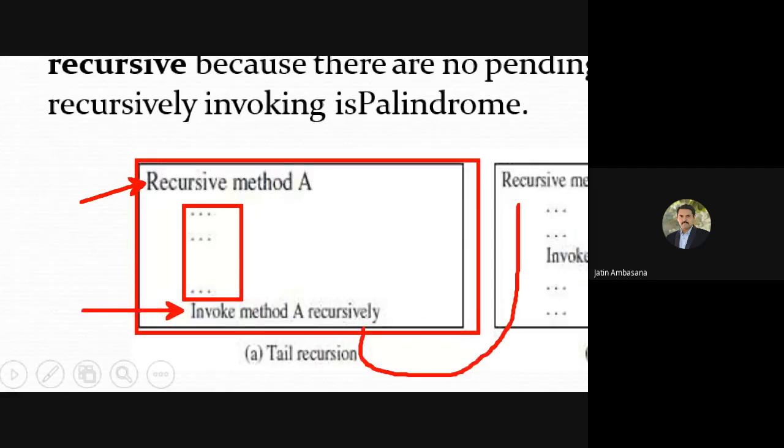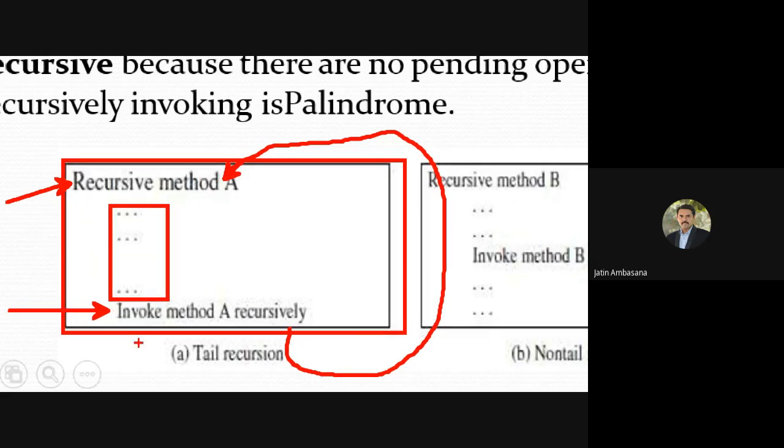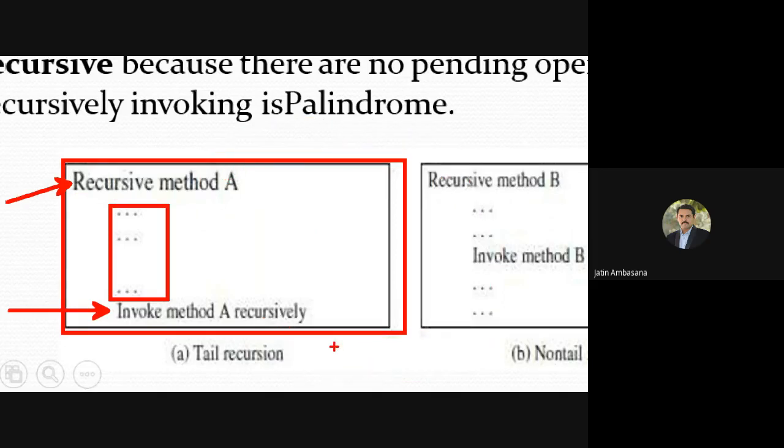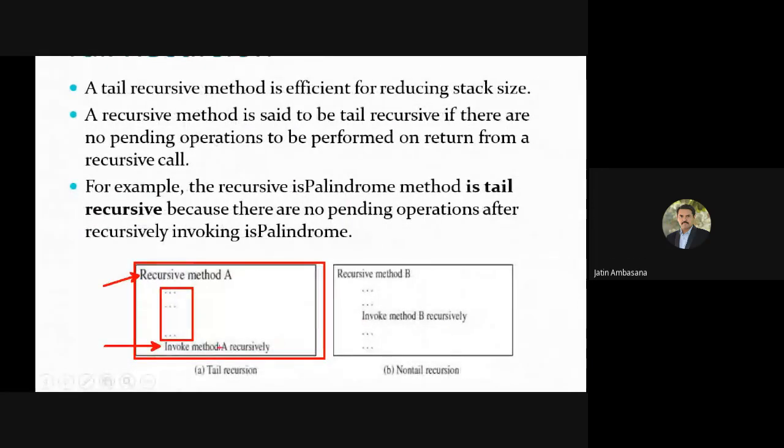So we are again calling it back. That's a recursive call. But if you see, afterwards there are no statements to be executed after this. So when the control returns, it will simply exit that method, as simple as that. Okay. So this is tail recursive.